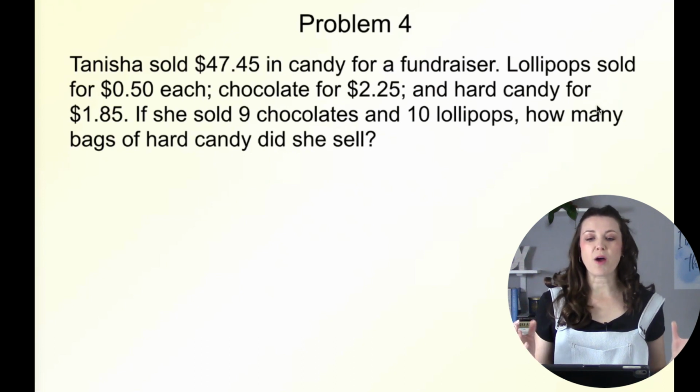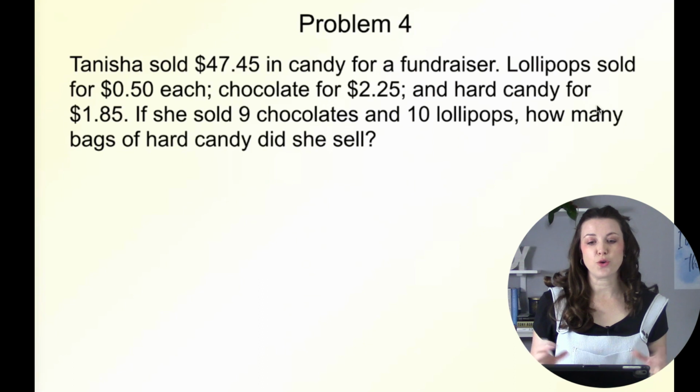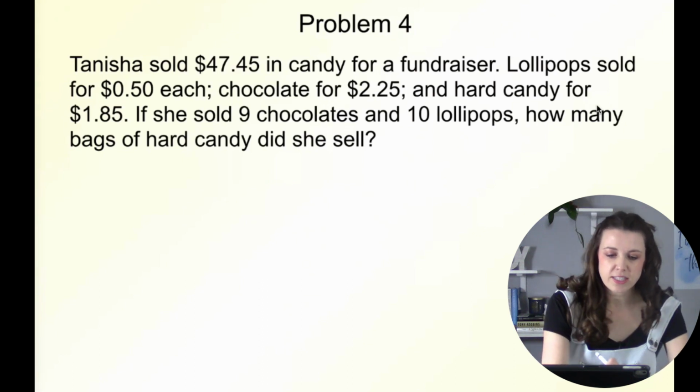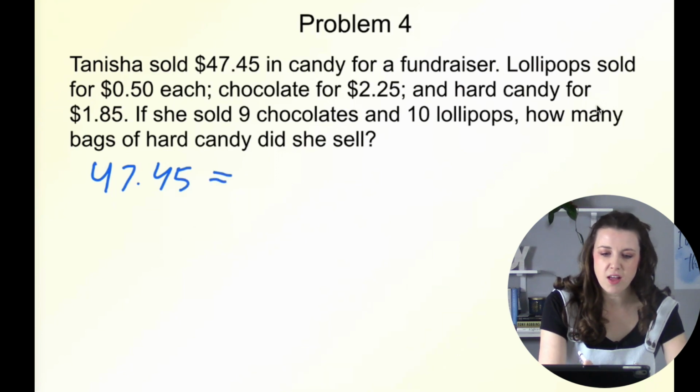So just like our last problem, I need to turn this into an equation. So I'm going to say 47.45, because that's how much she sold total, equals, all right, now I've got the lollipops.